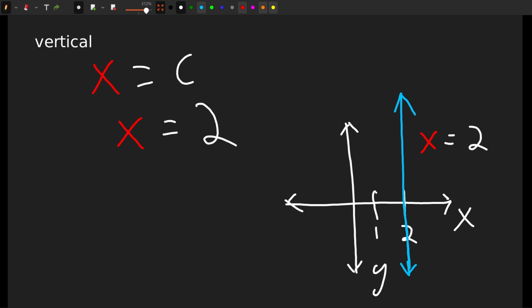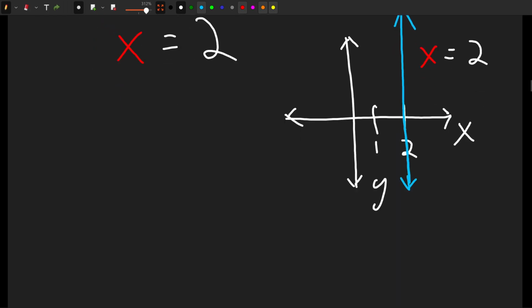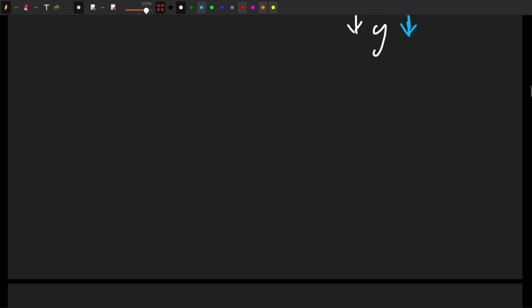I'm going to show you one final line, which is going to go through the origin. And so this is a special type of graph where we go through the origin, and we have a y-intercept, but our y-intercept in this case is the origin itself. And so I'm just going to type a line going through origin.